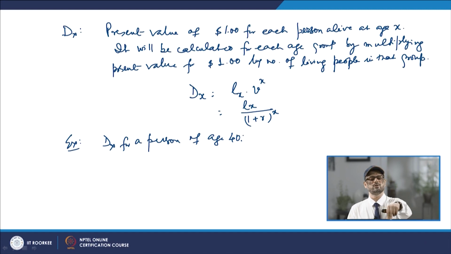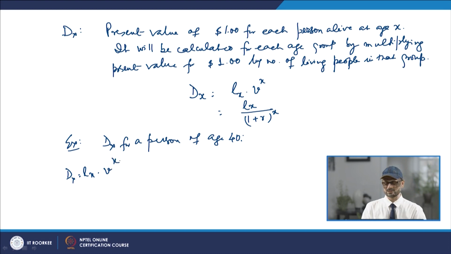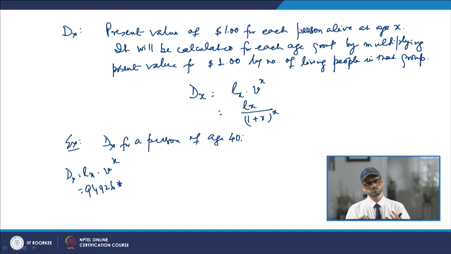So, Dx will be Lx into Vx, that is 94,926 multiplied by 1 by (1 plus r), where r is 0.05, so 1 by 1.05 raised to the power 40.